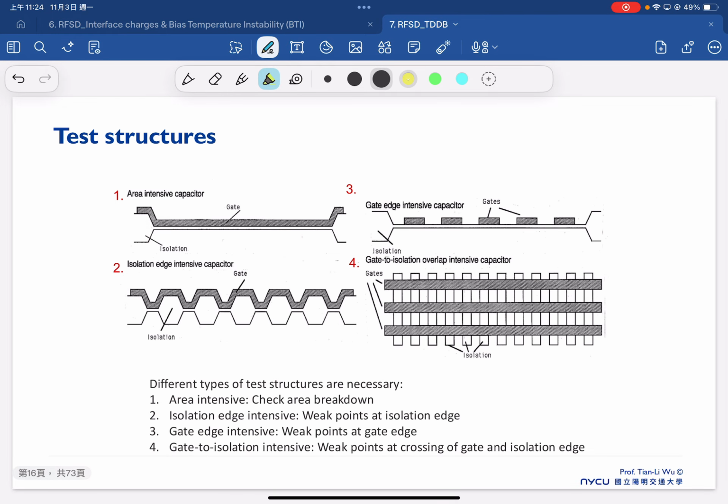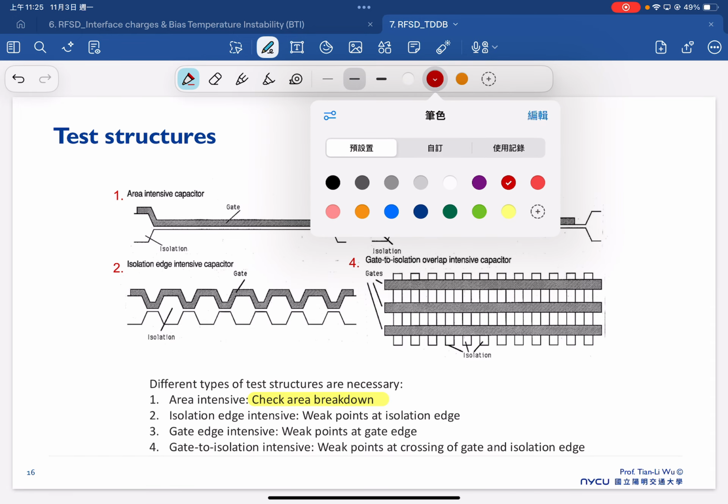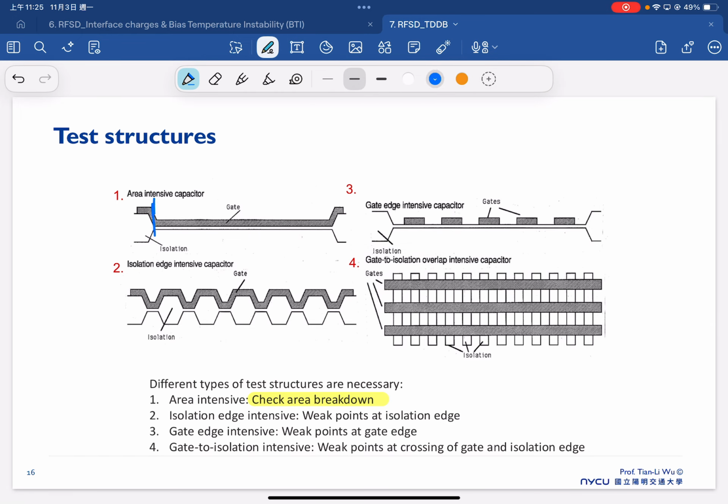So here are some of the testing structures when we do the TDDB testing. The first one is area intensive, where we try to evaluate the area breakdown, and this is our main area of interest. So we make the main gate area as large as possible.